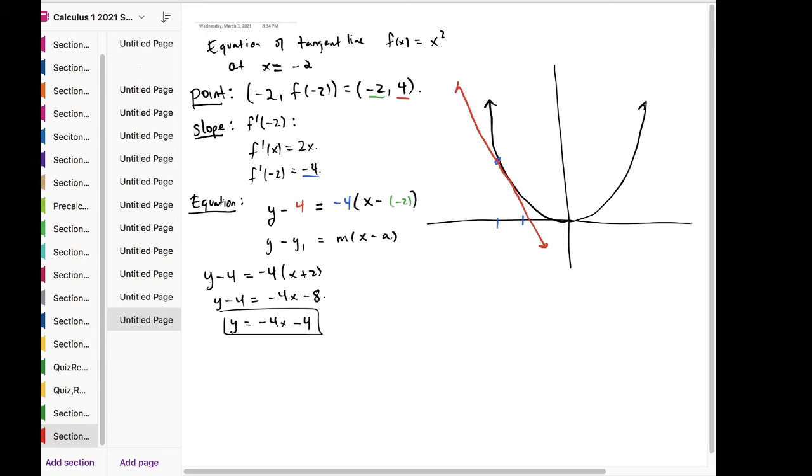You know the slope should be negative because, when you draw it, which you should know how to draw, x squared has a negative slope there. All right. Questions? All right. Let's go on.